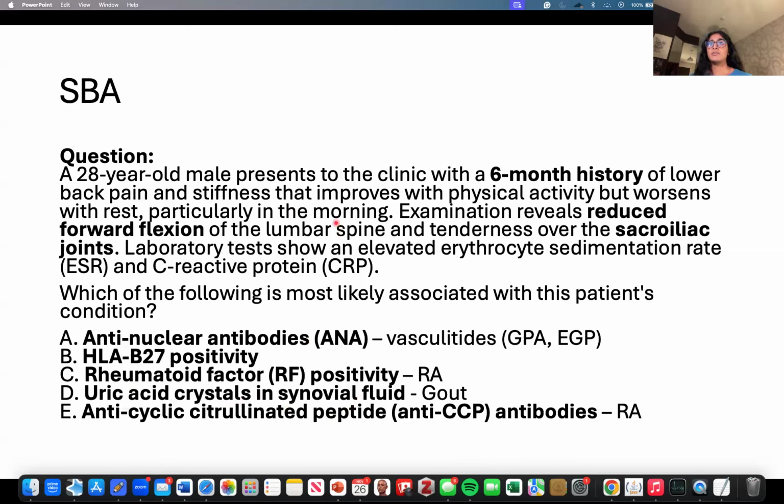Again, this is a weird place for gout to show up. Strange age range as well. We've got no history of a diet high in purines or kidney disease or anything like that. Unlikely to be gout. Anti-CCP, for the same reasons, it's not RA. Okay, so I hope that one makes sense. Let's see the next question.